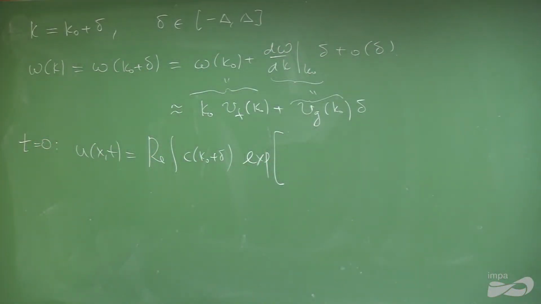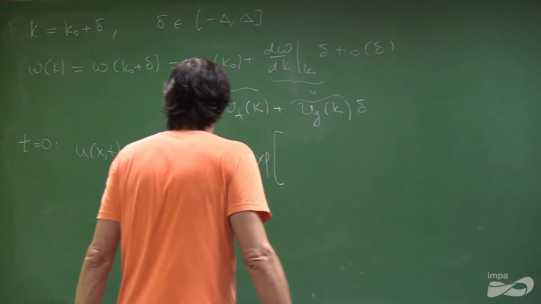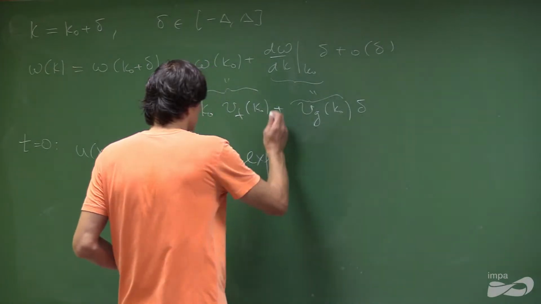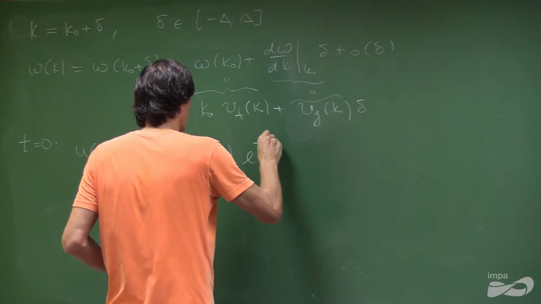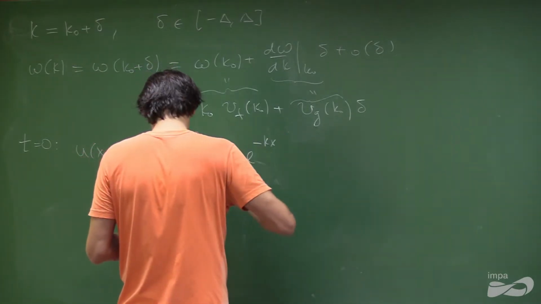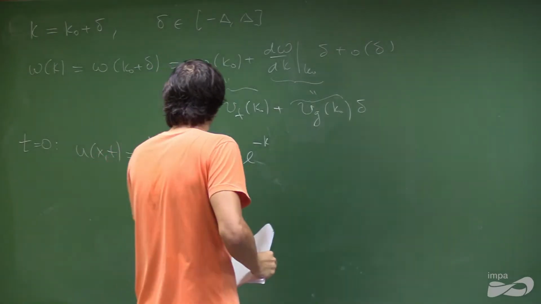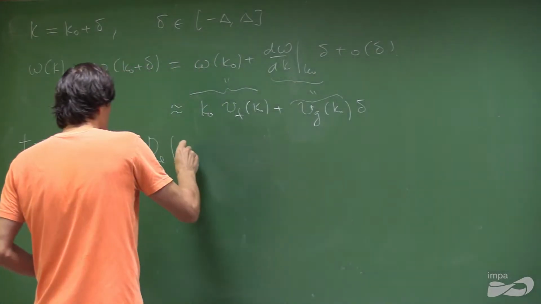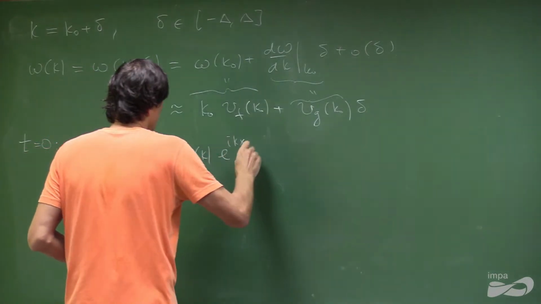Because time is 0, we don't even need to write it. Let's make more steps. So it's c(k) exponent i kx dk.